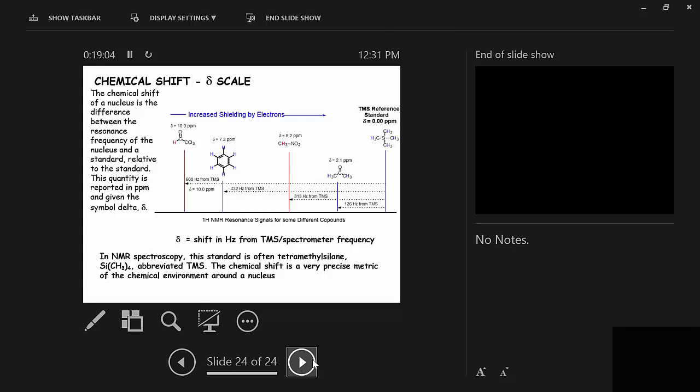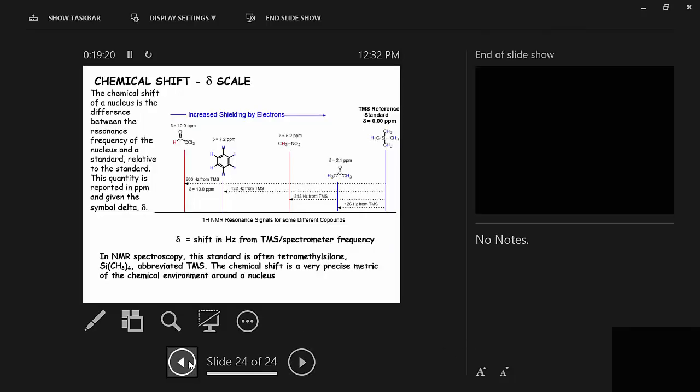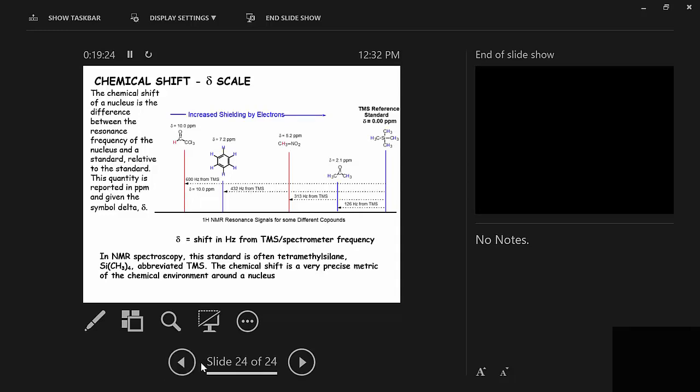This is 313 hertz. 432 hertz from TMS. And NMR is very sensitive, so we can measure these very precisely, as long as the peaks are quite narrow. And so we're going to do that. So the lab I had lined up is this.